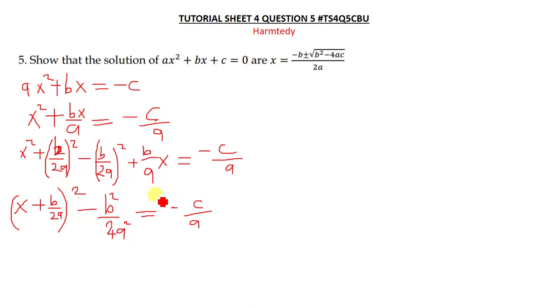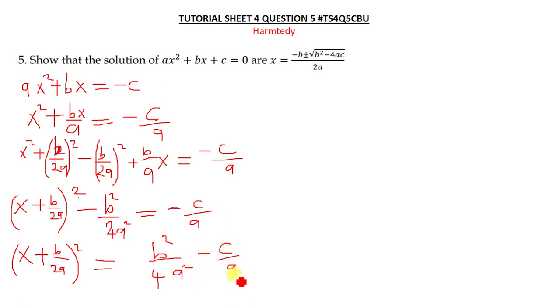Okay, so what we can now do is take this to the other side of the equal sign, so that we have x plus b over 2a squared being equal to b squared over 4a squared minus c over a.